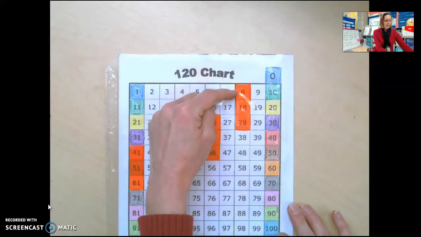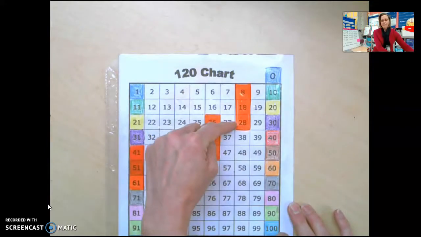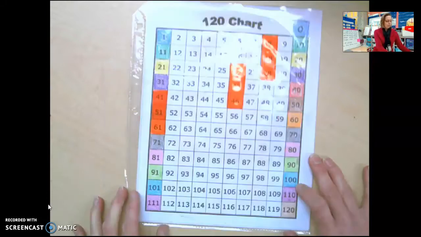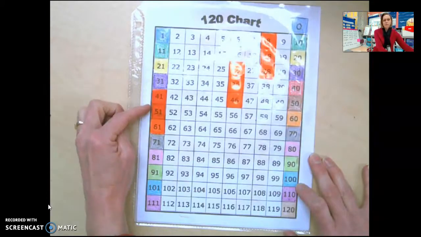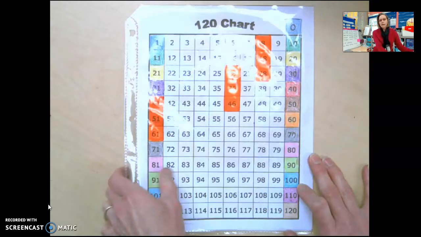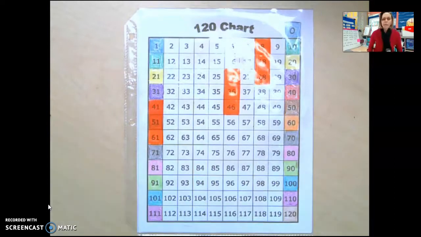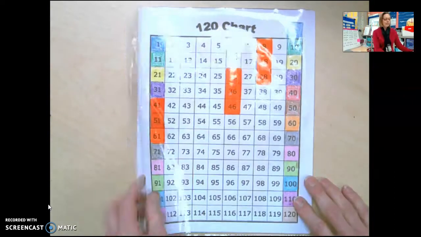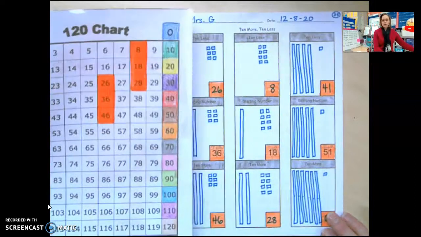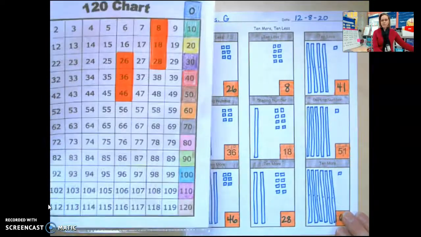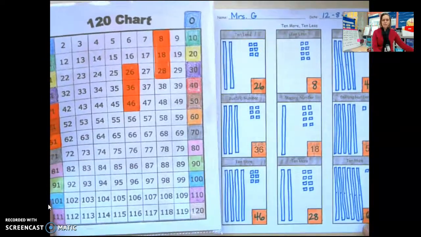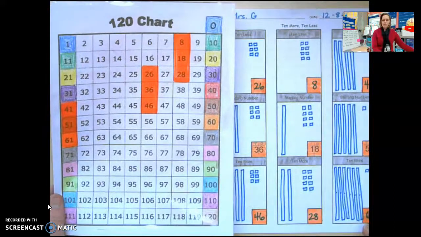It was 8, 18, and 28, right? And then if you look over here at this one, it was 41, 51, 61. So I colored them in with my orange highlighter so that you could see that those orange marks on these papers are basically showing us the rectangles here on the number grid.